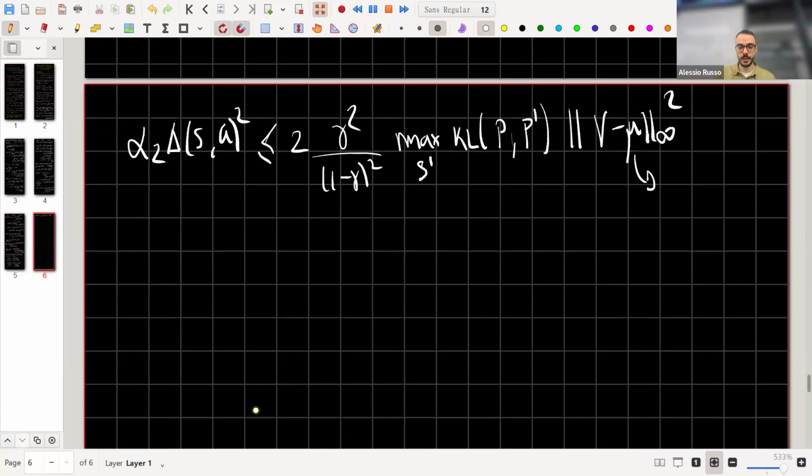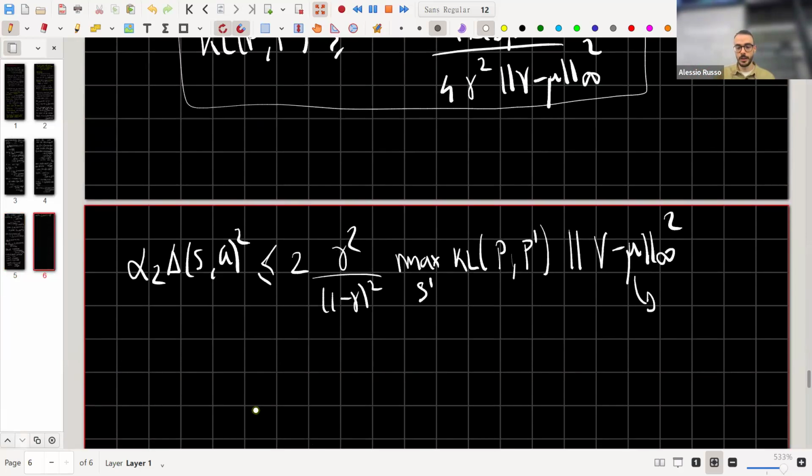Because in the inequality that we have here, you see there is a maximum over S prime. So we cannot just lower bound each term of that sum. What we're gonna do is just lower bound the maximum term. So here what we are gonna do is multiply and divide by W S prime pi star S prime.